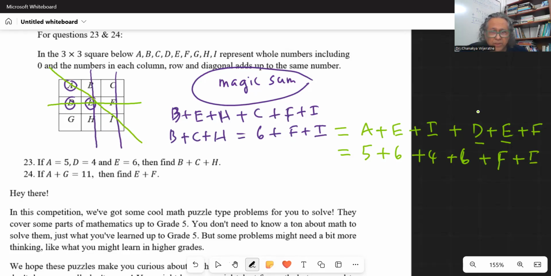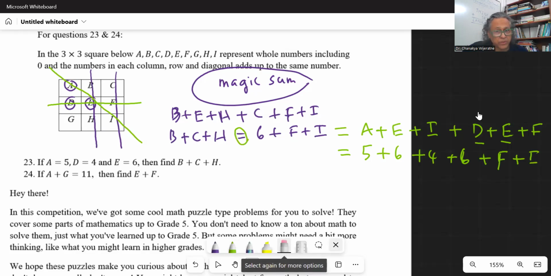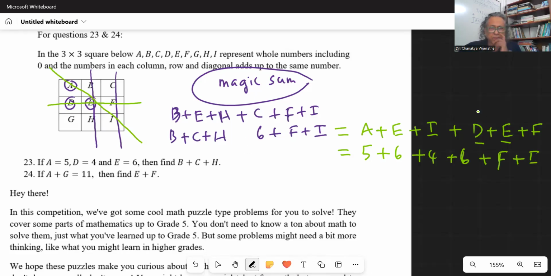Wait a minute. No, this is not actually equal, it's actually plus. See, I make these kind of mistakes, typos. So this plus. So this is what we want to find out.